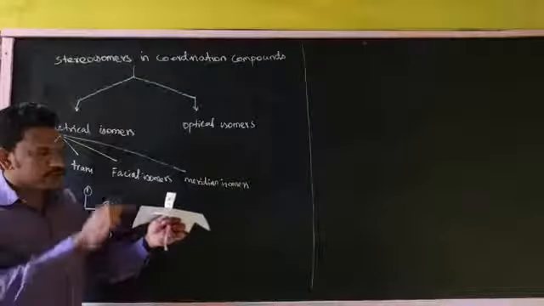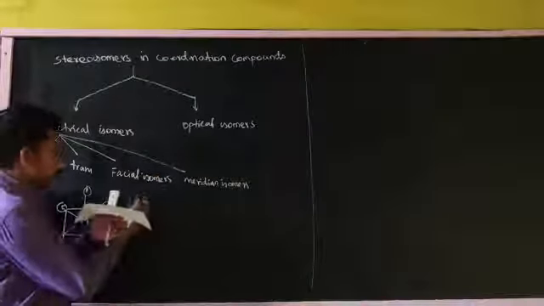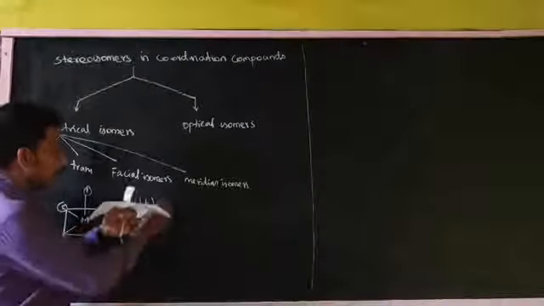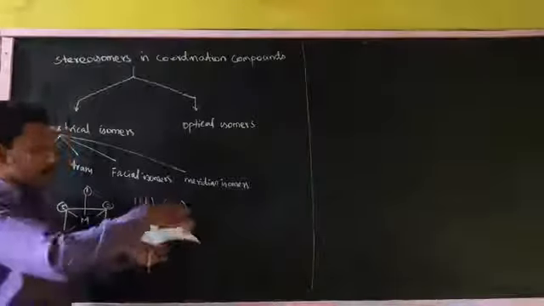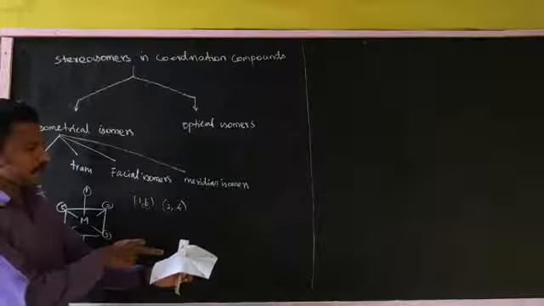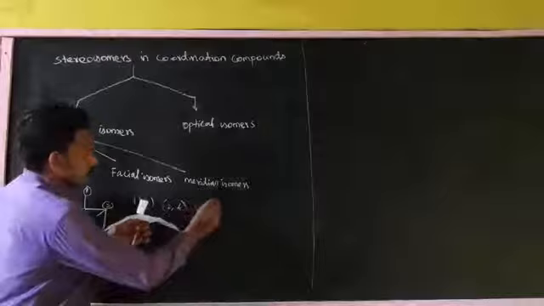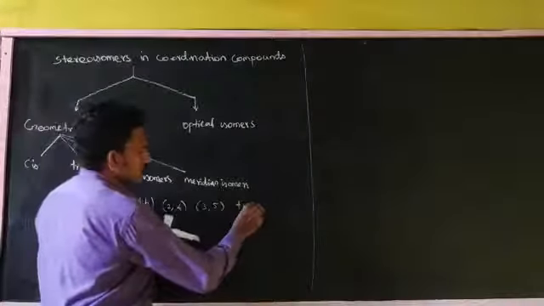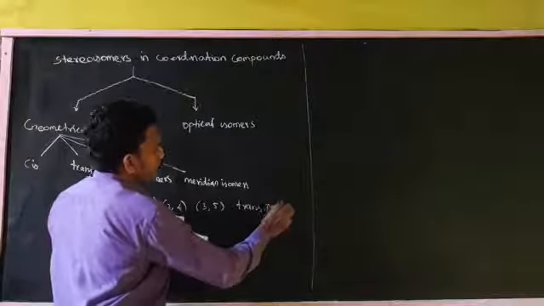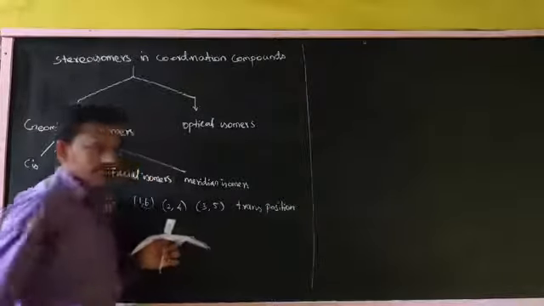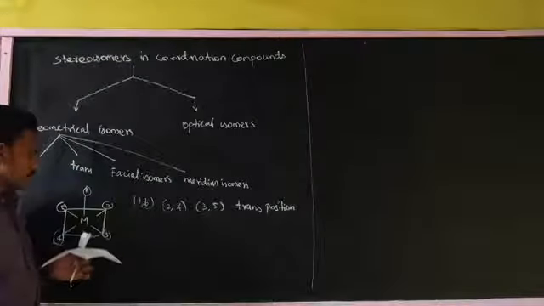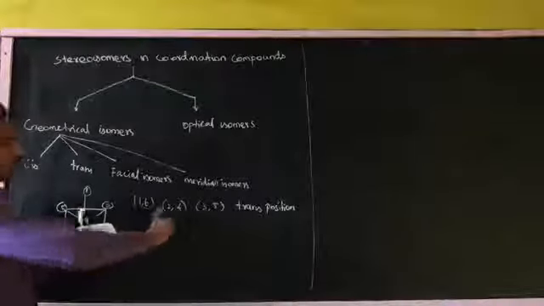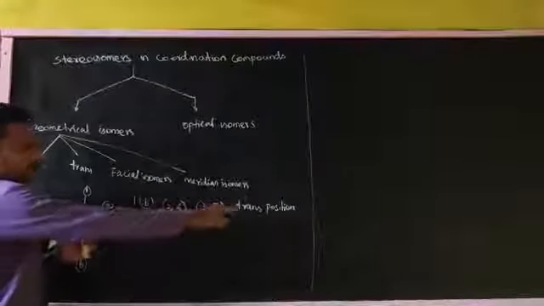First I write the trans positions: 1, 6. Then 2, 4. Then 3, 5. These three are trans positions in octahedral complexes, right? Next, these three are only opposite positions, so trans.